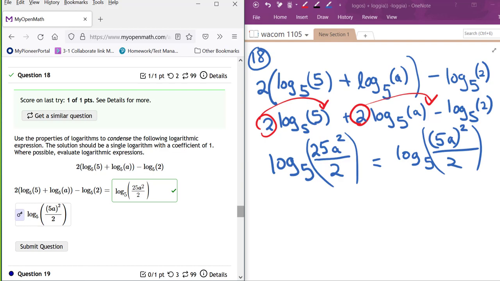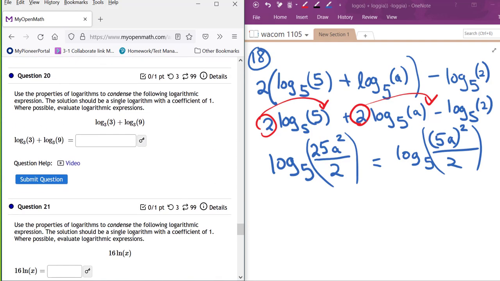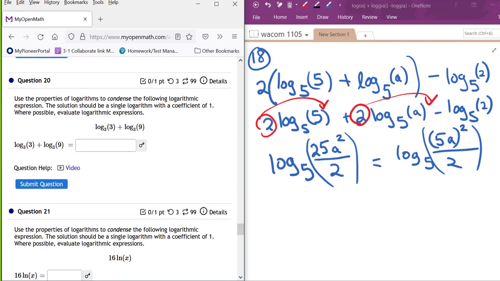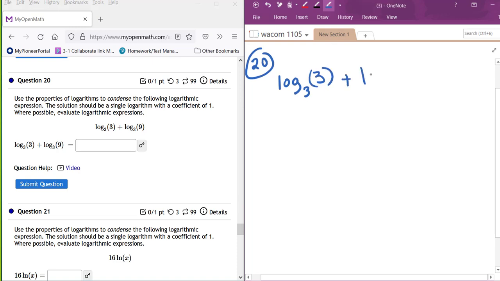Right. I skipped then to number 20. And this one would simplify, but they wanted us to condense, so we'll just leave it.